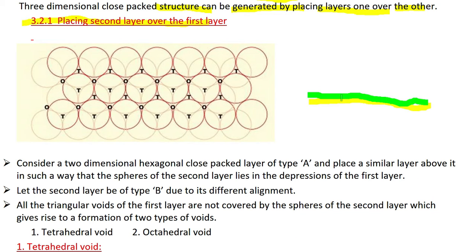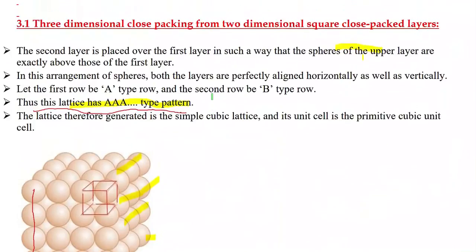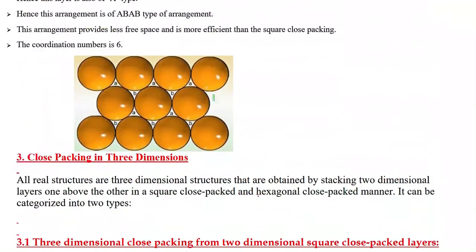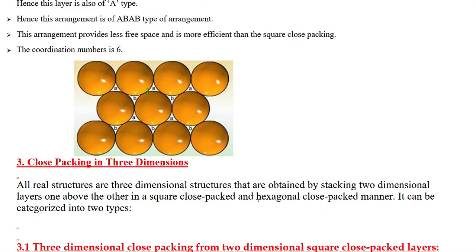Now after placing the second layer, what do we observe? Here T, T, T, T and T. T means tetrahedral voids. As you know students, in our last lecture I showed you that while arranging the two-dimensional hexagonal close pack structure, we observe the highlighted voids.